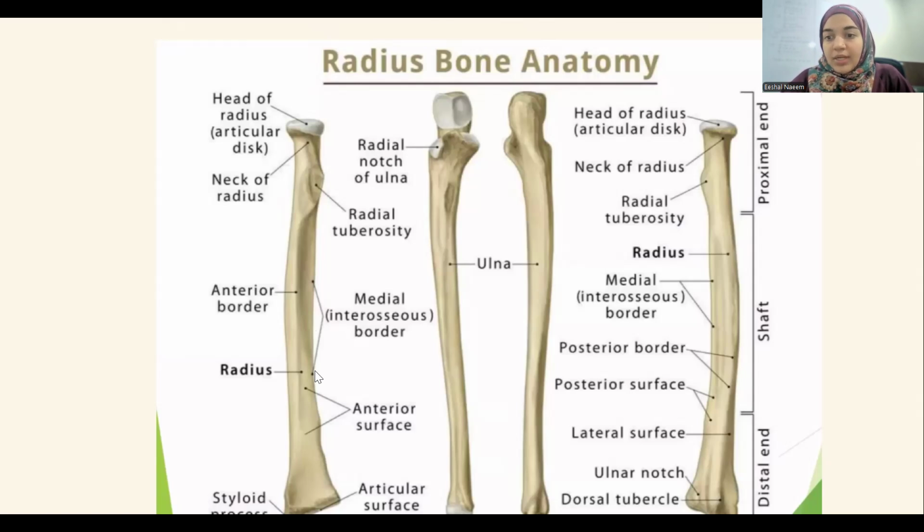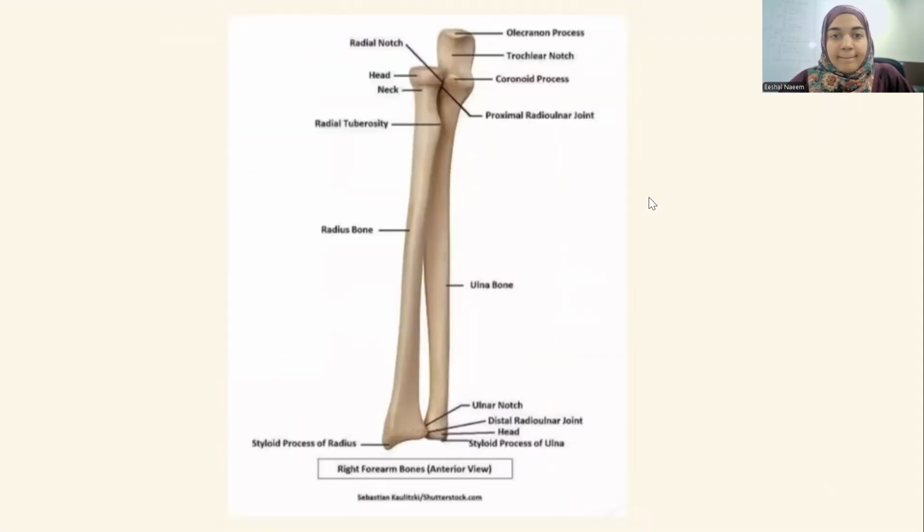Since it's a long bone, it has three parts: a proximal end, a distal end, and a shaft. Moving on, as you can see, there's a head, a neck, and a radial tuberosity. The radial tuberosity is really important because when you're supinating and pronating your arm, it helps to form a proximal radio-ulnar joint with the ulna.